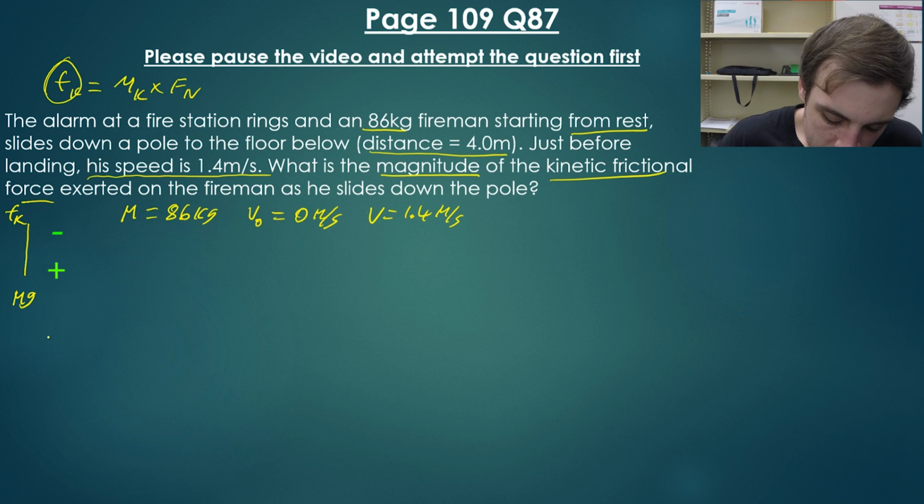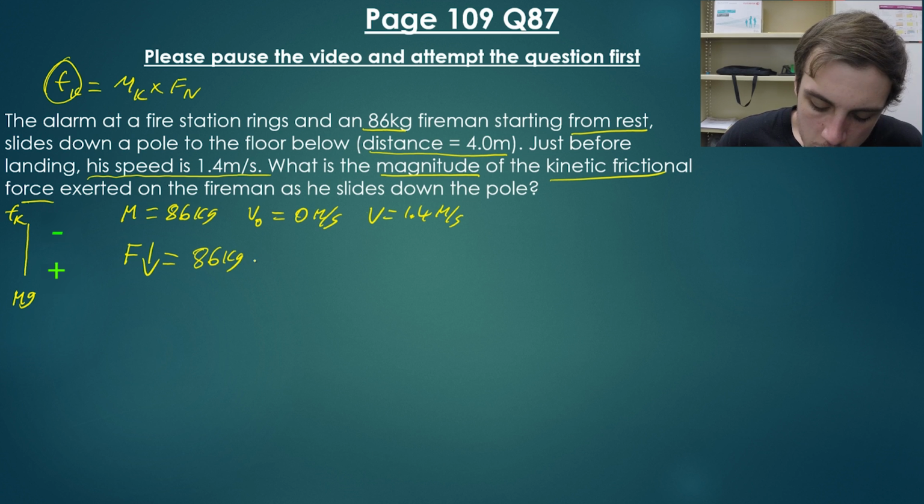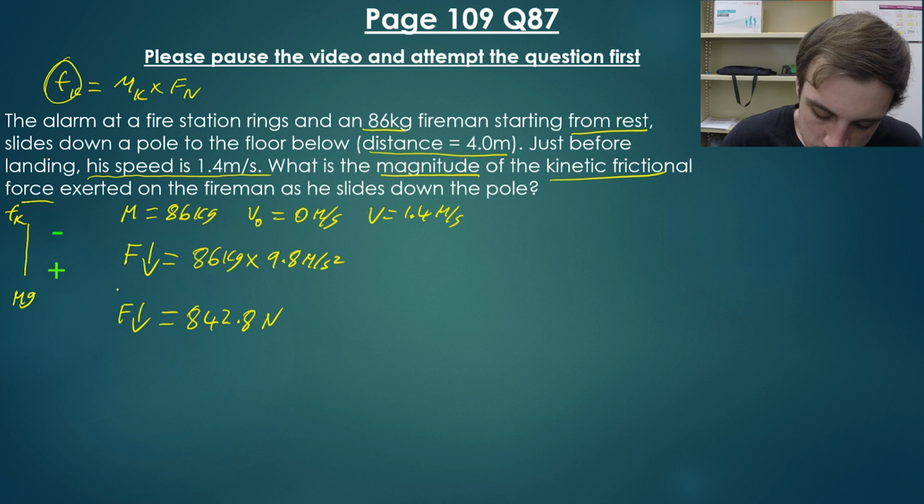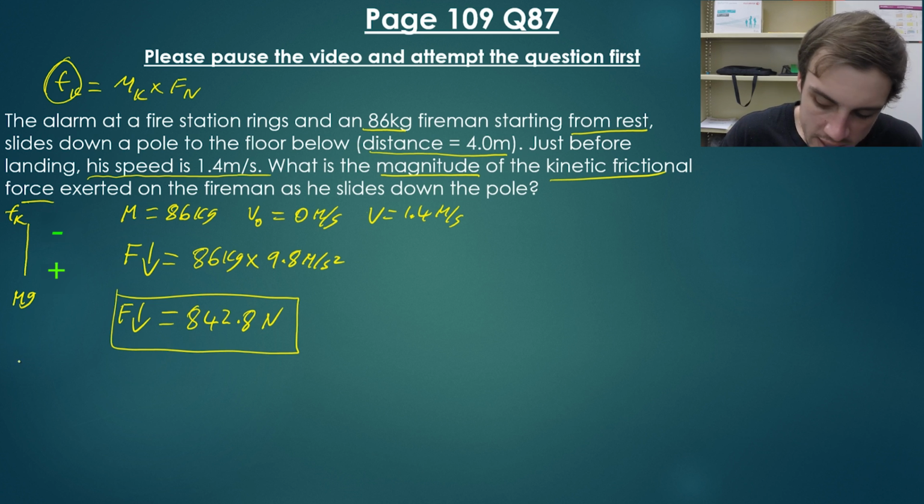So the force going downwards is going to be 86 kilograms multiplied by 9.8 meters per second squared, which is 842.8 newtons. So we have 842.8 newtons going down.